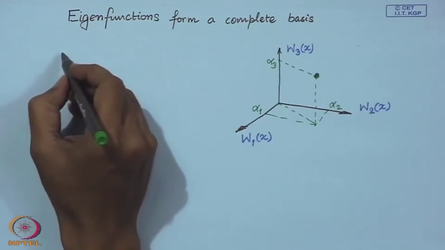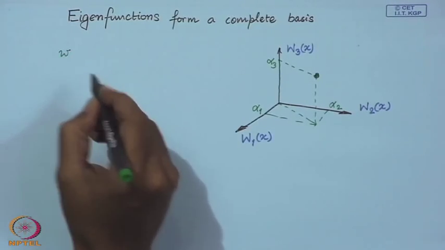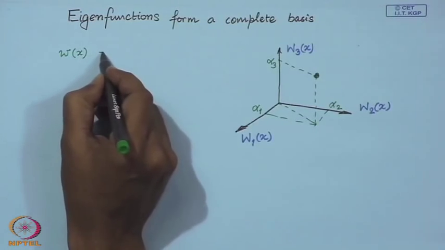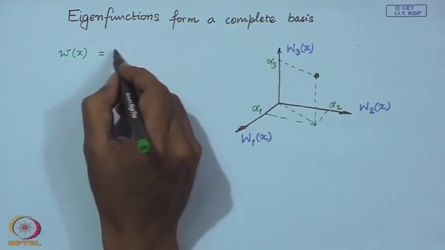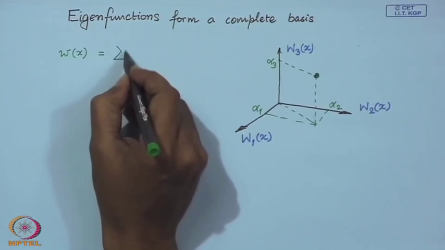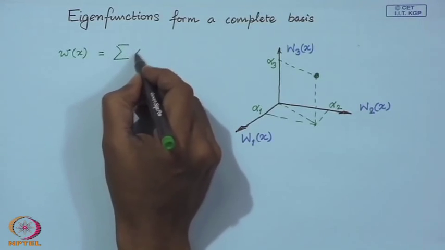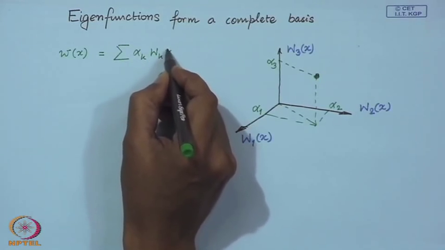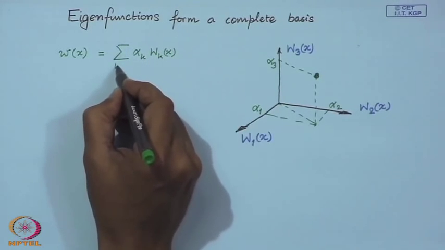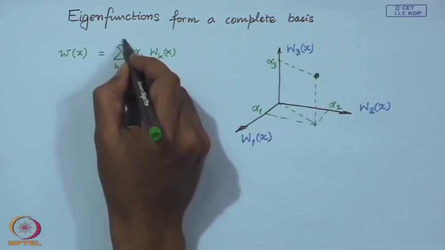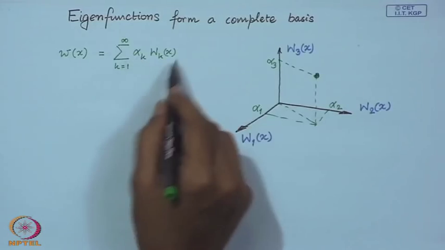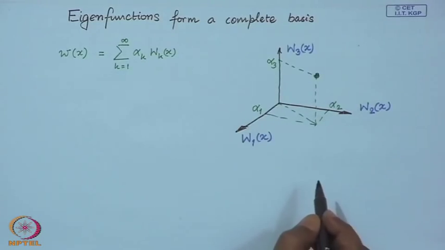So, any shape of the beam may be represented as a linear combination of these eigenfunctions.